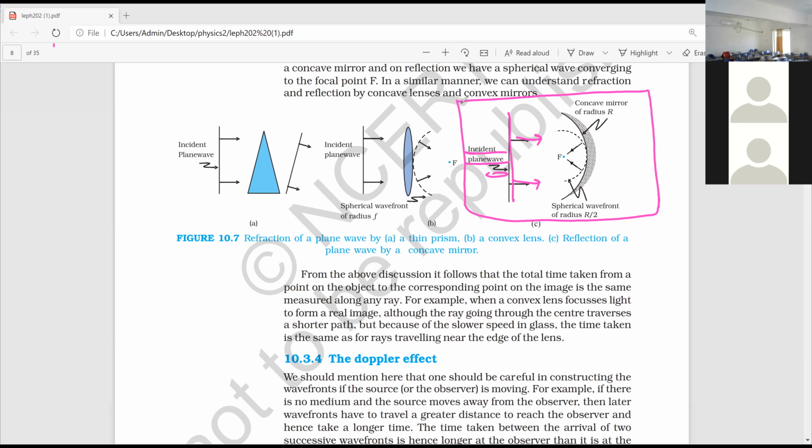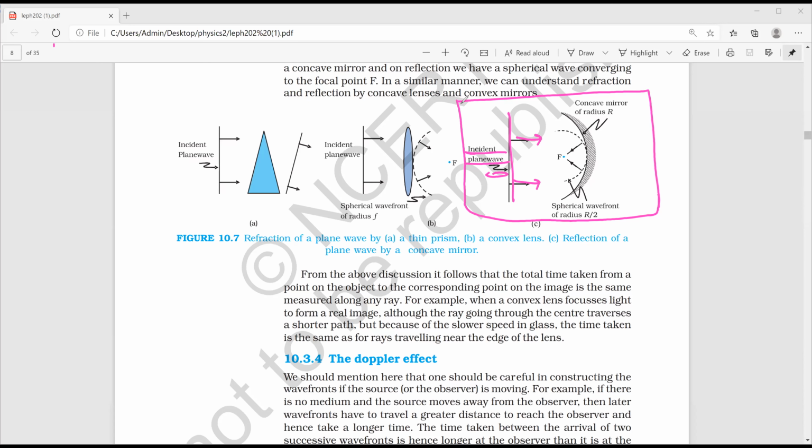So how are you going to explain how the reflection of a plane wave takes place in the case of a concave mirror? From the figure, a plane wave of light is incident on a concave mirror. The mirror is shown here.